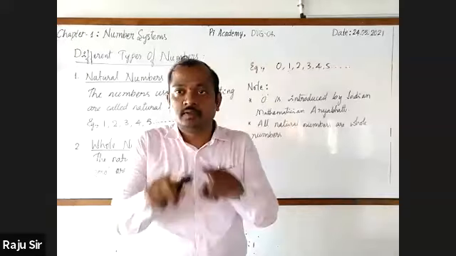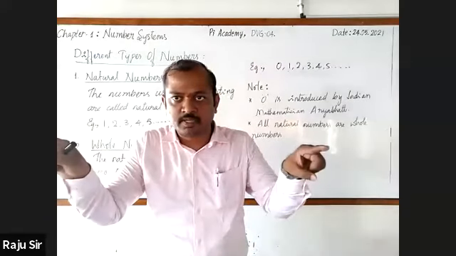So before there was no 0, sir? How would people know there is a difference between negative and positive numbers if there is no 0? Are you speaking about the number line? Yes, sir.